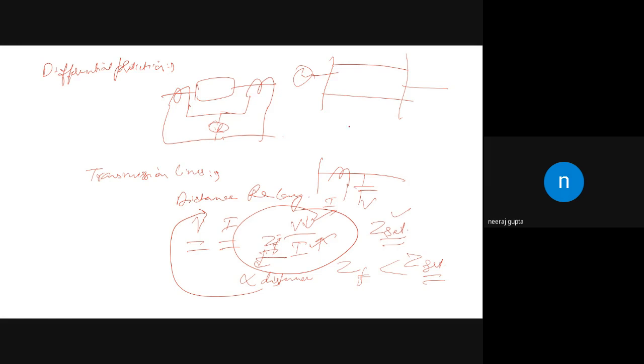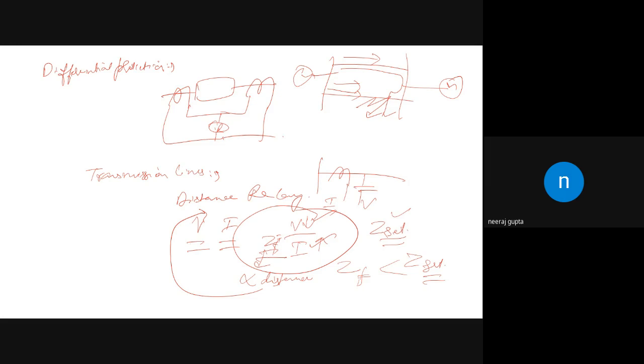Let us suppose that we have a fault in a particular line. Suppose the power is flowing in this particular direction, and the fault occurs here. Then the fault is fed by this source, and the fault is also fed from here. As a result, there is the opposite direction of flow of the current.